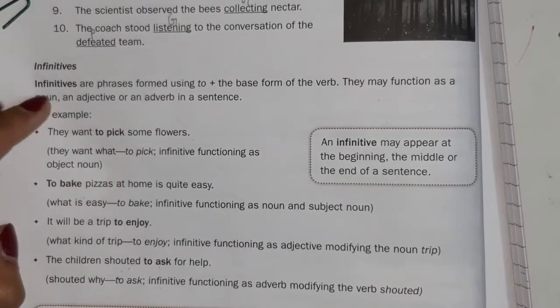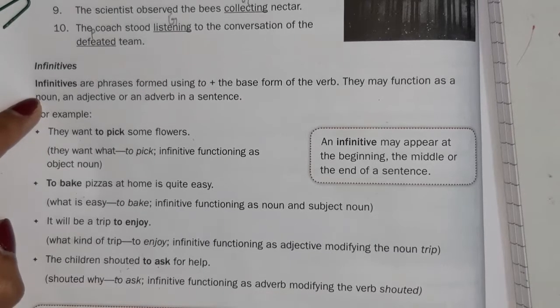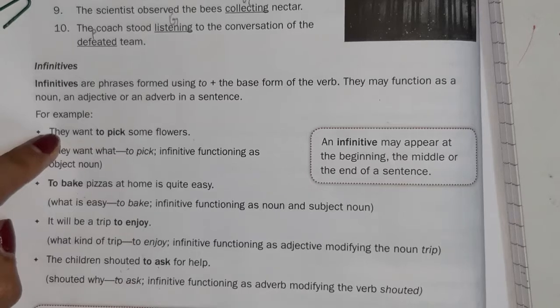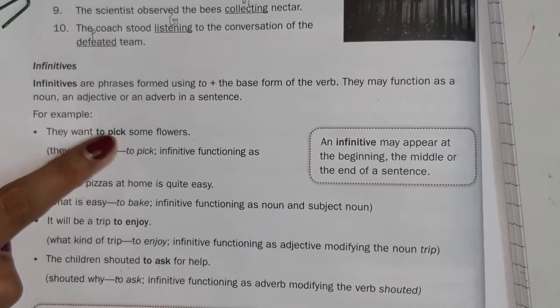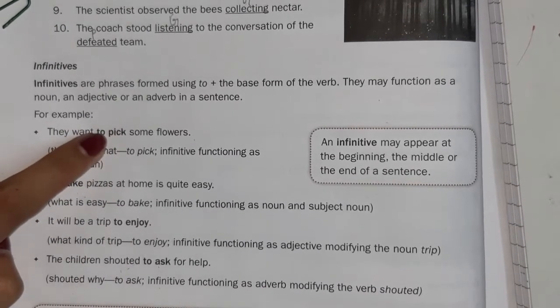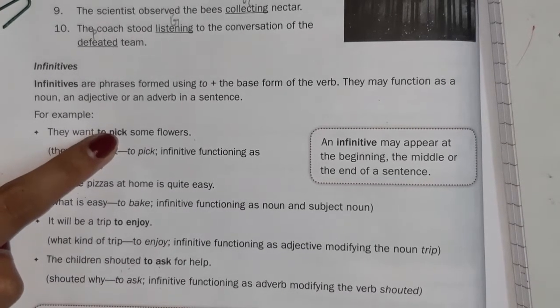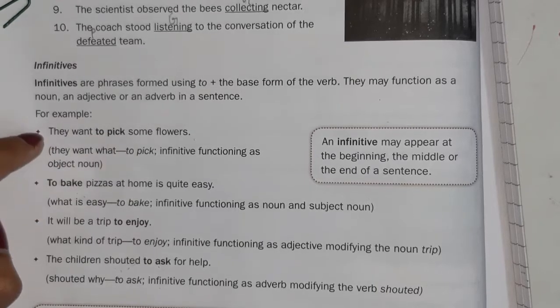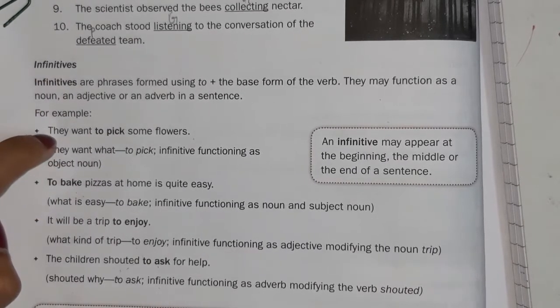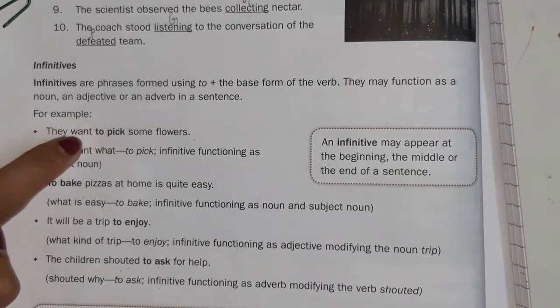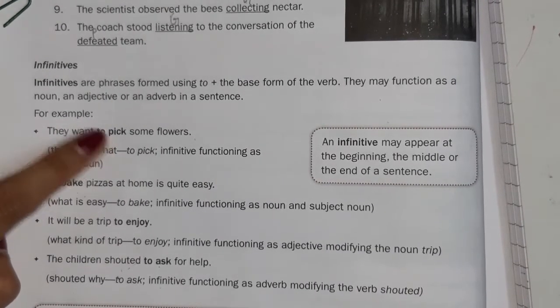A noun can be a subject, and a noun can also be an object. Now here to pick, which is made up of to plus the base form of the verb, is working in the sentence as a noun, but an object noun, not a subject noun. A subject noun always takes the first place in a sentence, and an object noun you will see after the verb.